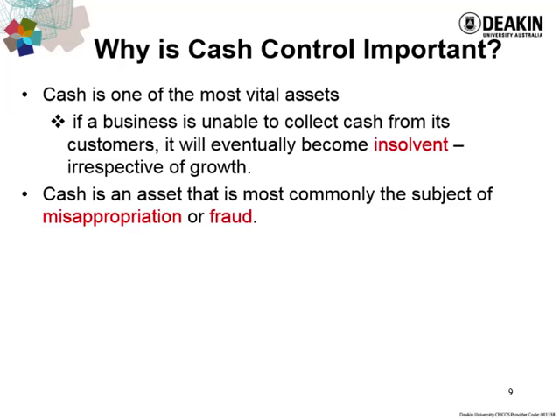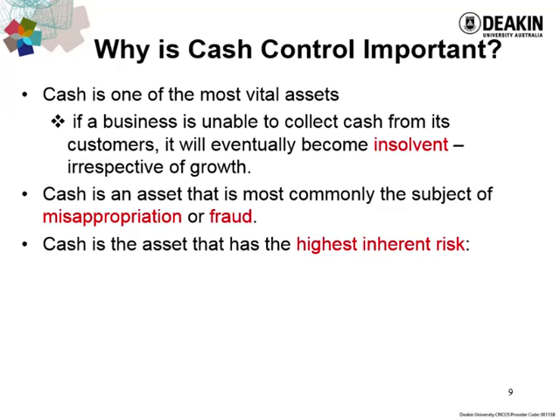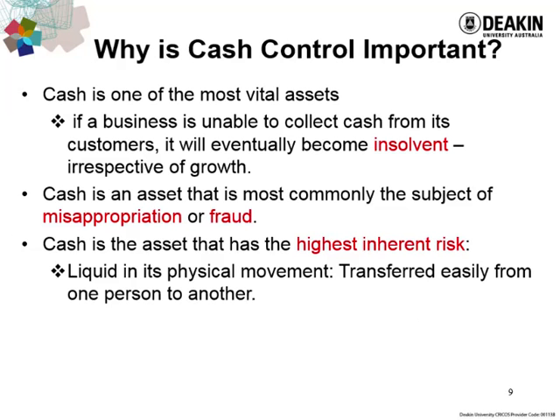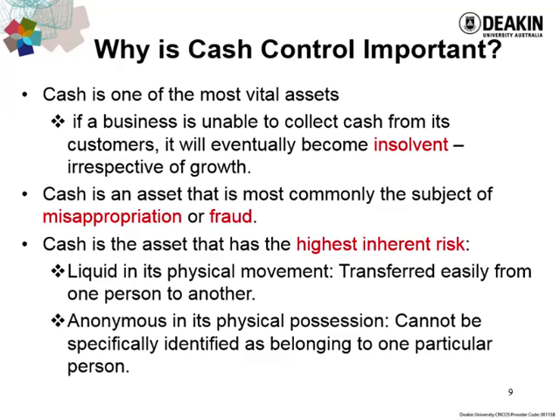It has the highest inherent risk due to the following reasons. First, cash is liquid and easily transferred, meaning you can spend it anytime you like. Second, cash is anonymous in its physical possession, meaning it cannot be easily identified, meaning if your employees use the cash for personal use, you won't know that immediately until you discover it.